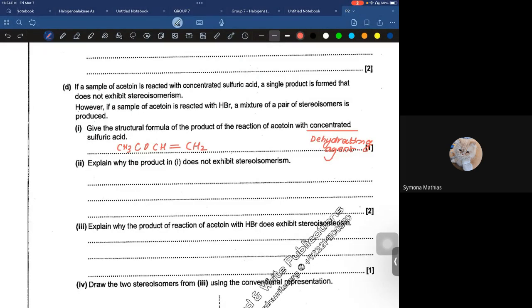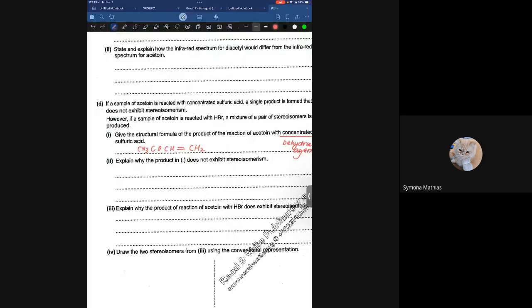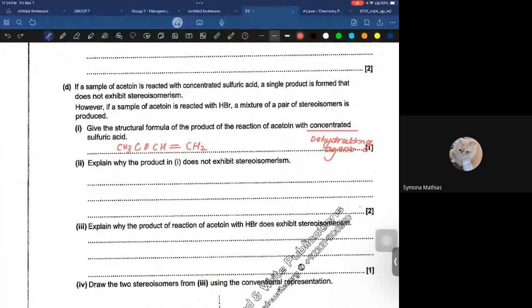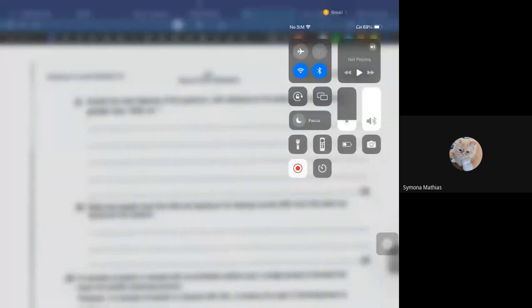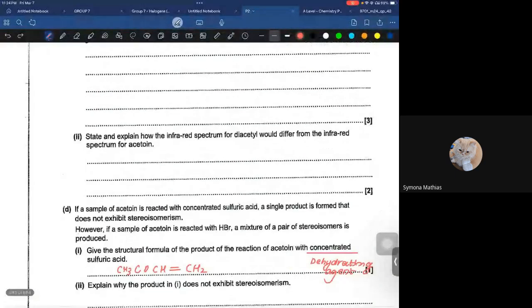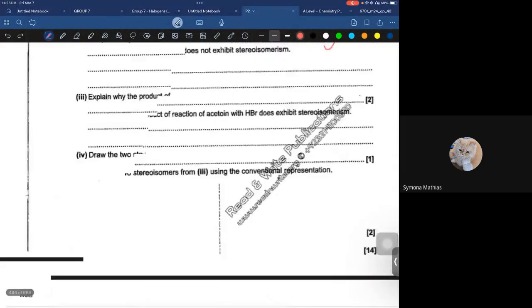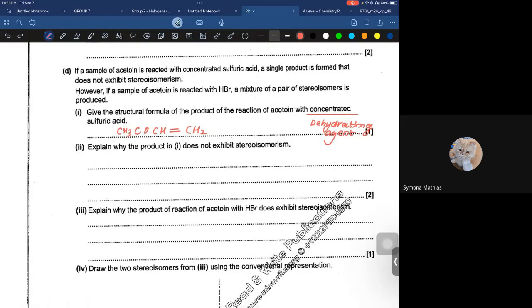Okay. So what am I supposed to write for this? That it's not going to give you optical isomerism, but they are using the term stereoisomerism. Stereoisomerism includes both optical and also the cis trans.